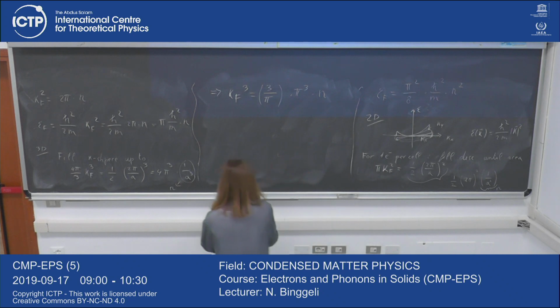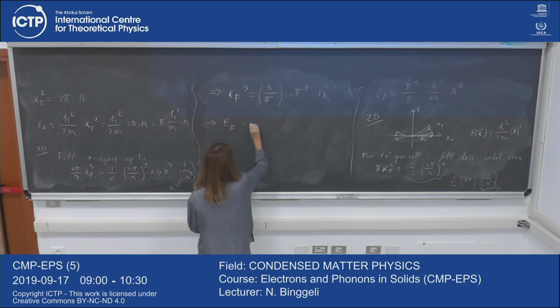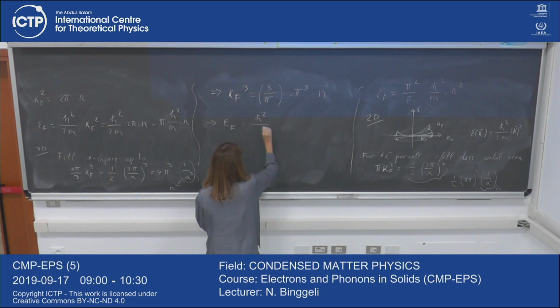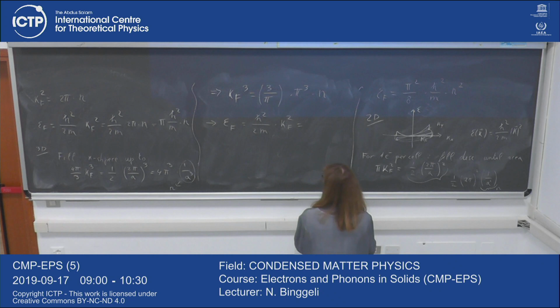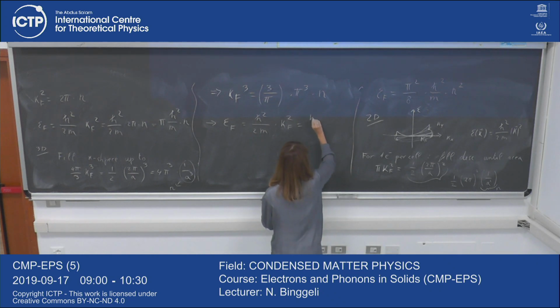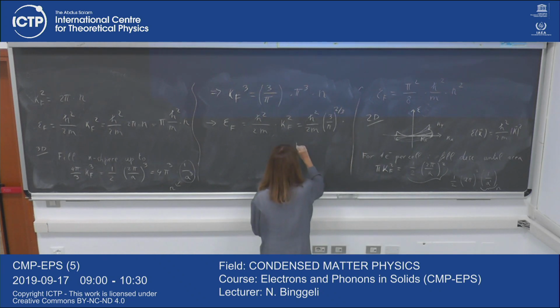Yeah. And therefore the Fermi energy epsilon F is equal to h bar squared over 2m times K Fermi squared, replacing that, is equal to h bar squared over 2m times 3 over pi to the power 2/3 times pi squared times n to the power 2/3.